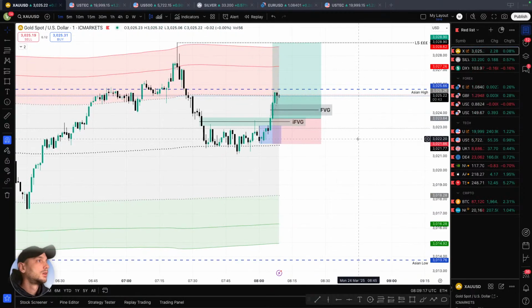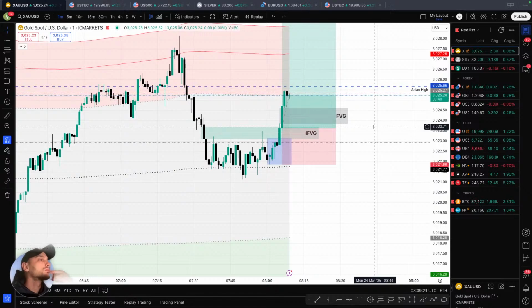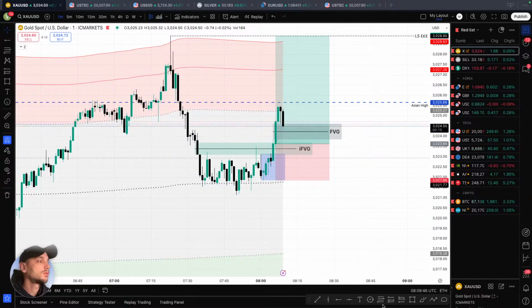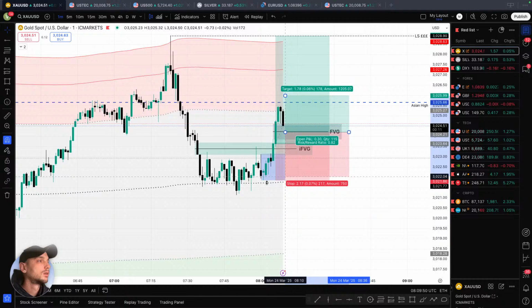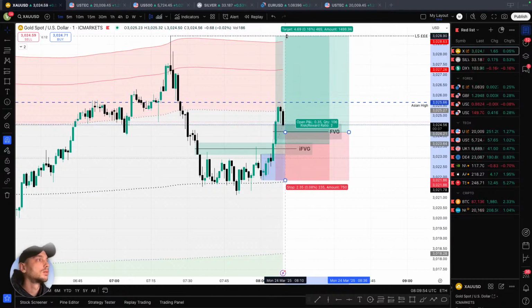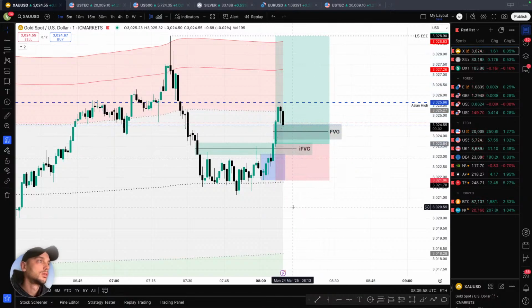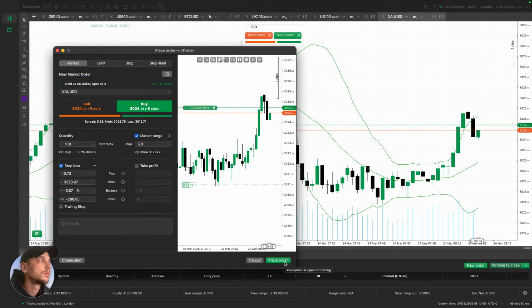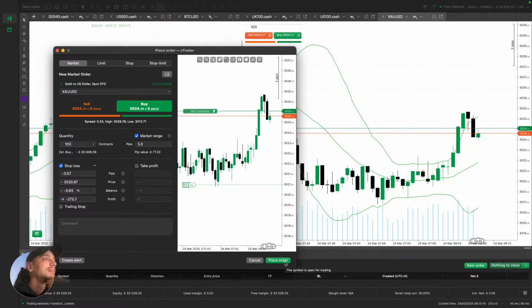Might try to go in from this fair value gap. 1 to 2, not bad. Okay.